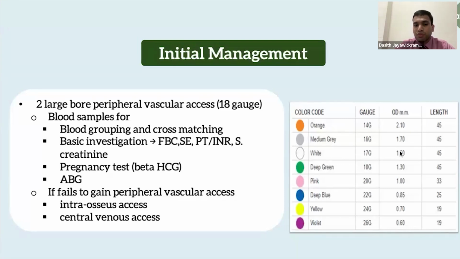Basic investigations such as full blood count, serum electrolytes, PT-INR to check for coagulopathy, serum creatinine, and, in the childbearing age, a pregnancy test, serum beta HCG, should be done. But saying that, we don't have the facilities in our country.